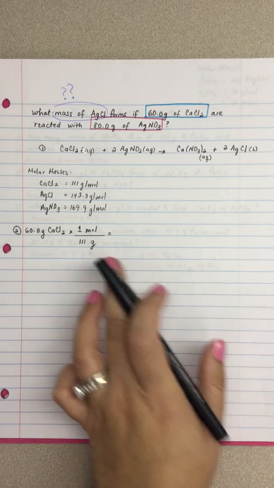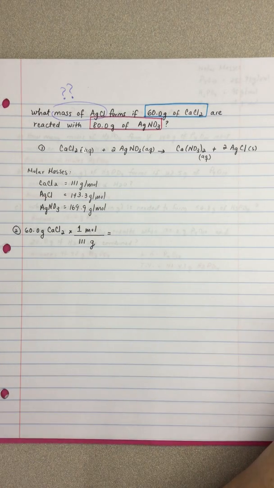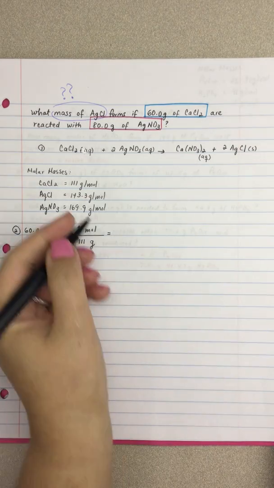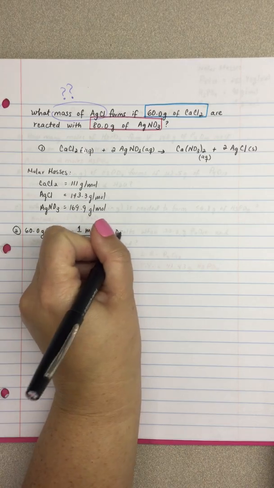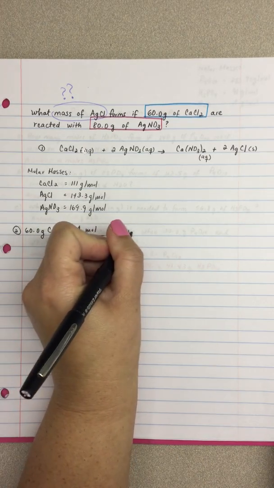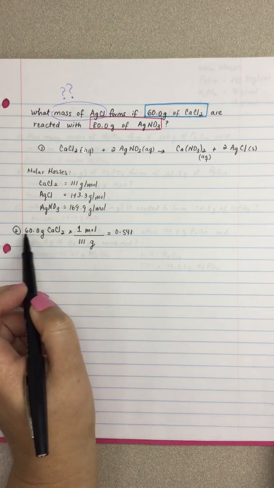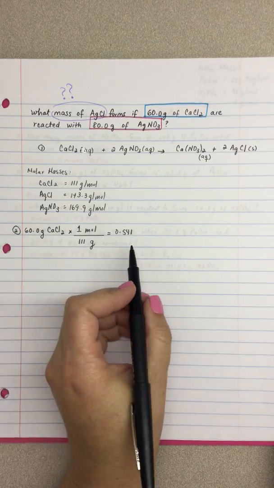So I have my first step here, converting my grams of the given to the moles of my given, and that gives 0.541. I'm rounding to 3 significant figures using this one, not using the conversion factor.